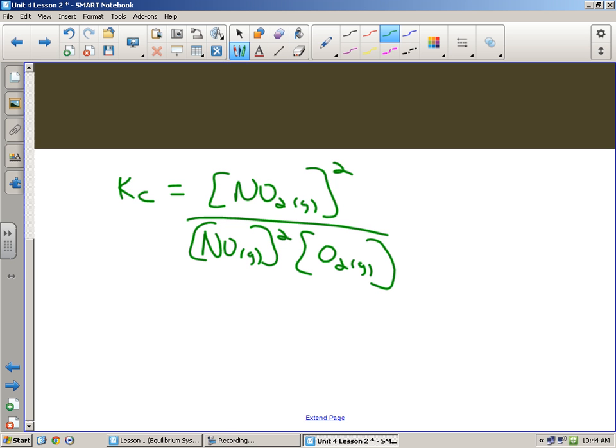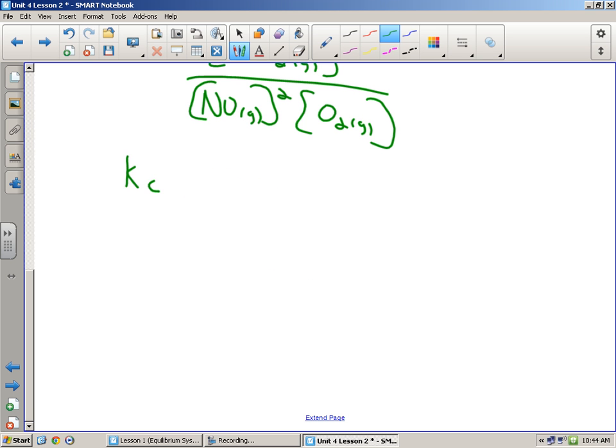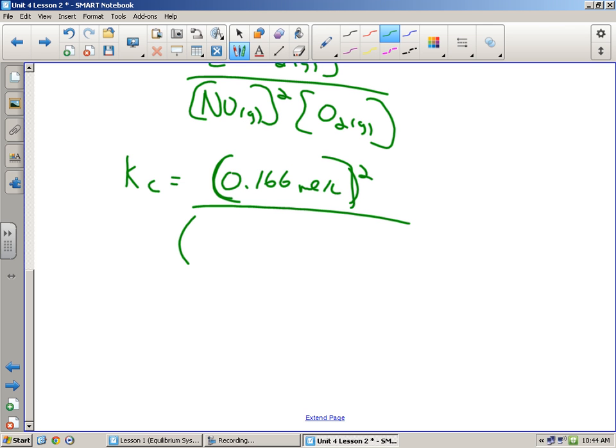So Kc tells me at equilibrium, I should get 0.166 moles per liter squared over, and NO is 0.045 squared and 0.017.